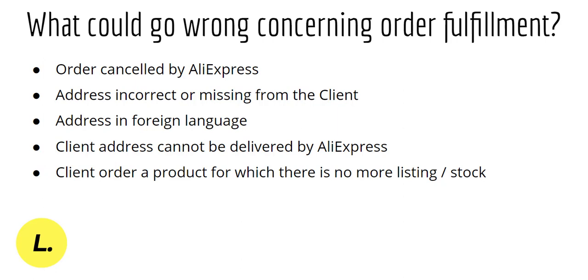Another thing is the client can provide you an incorrect address or missing data, for example the zip code, the apartment number, things like that. When this is happening, you should face it and either go back to the client or manage it.